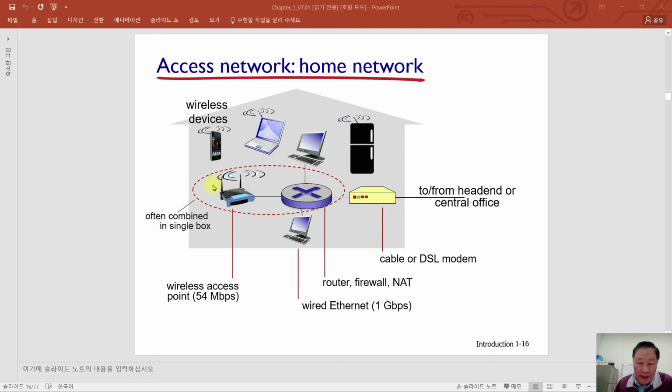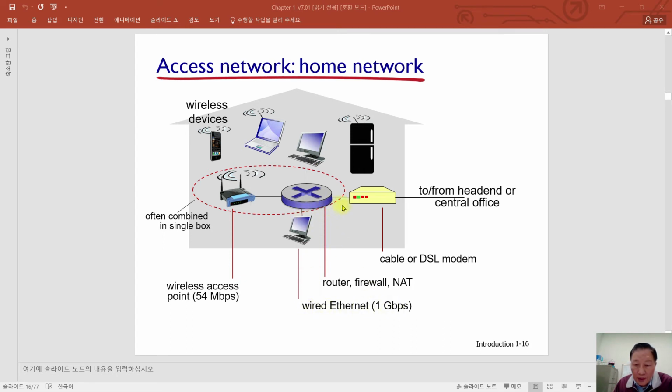The internet service providers like SK Broadband, KT, LG Plus, they are providing this. And if we are using a wired Ethernet line here, then that is called wired Ethernet.